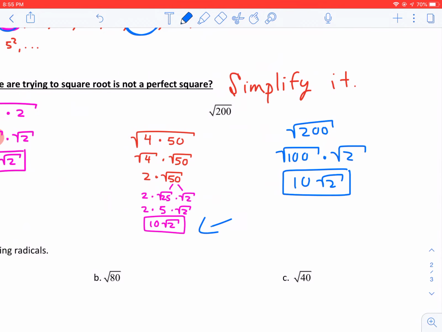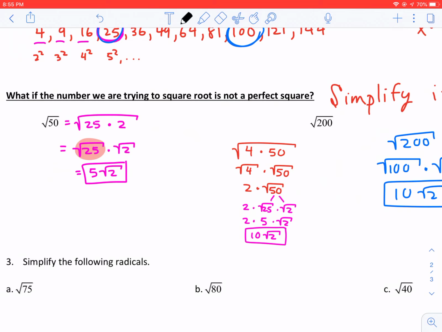So when you simplify a radical, right, something that's not a perfect square, what you want to look for is the largest perfect square that divides into the guy underneath the square root.